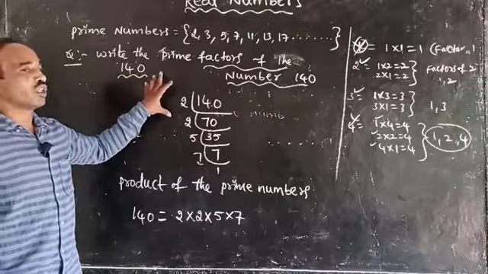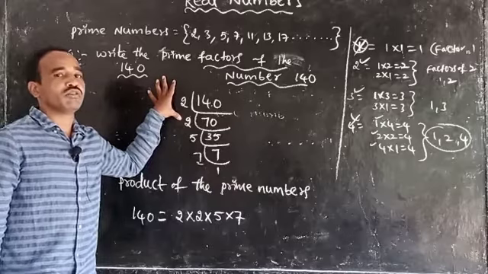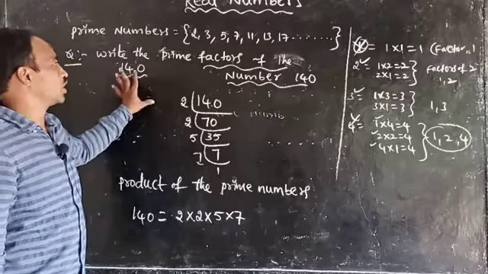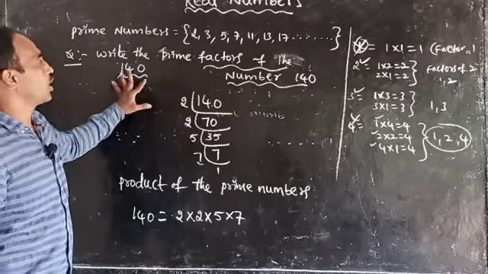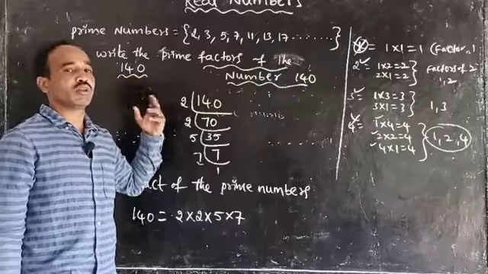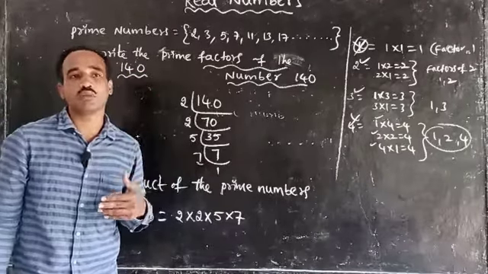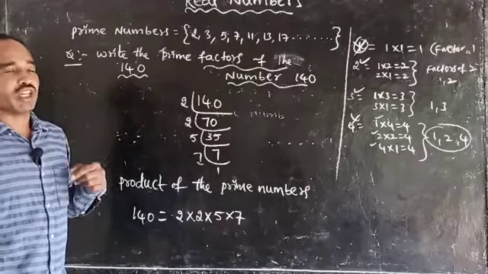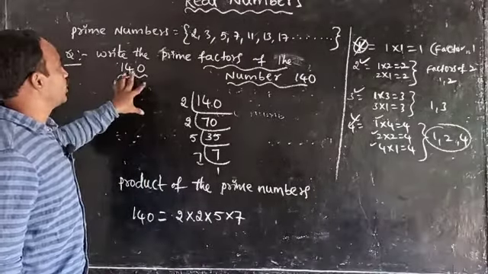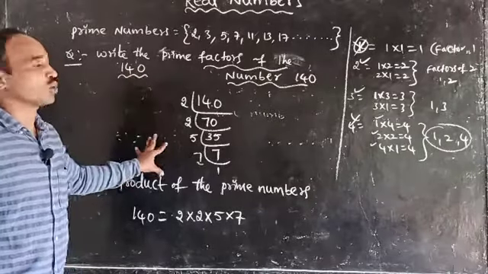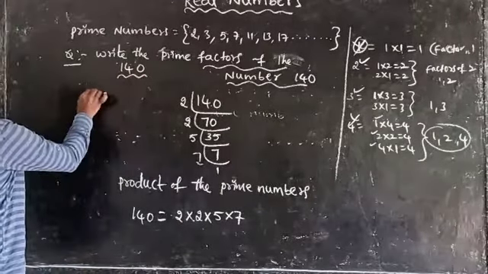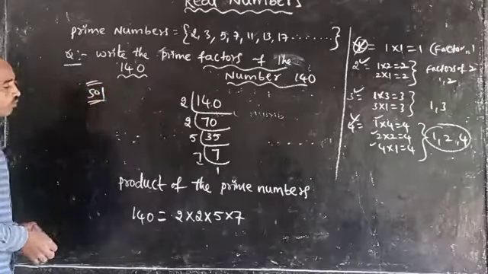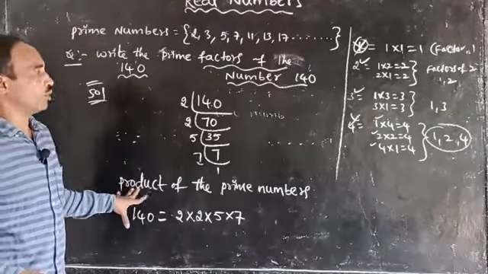That's why this is the product of the prime numbers of 140. In our technical examination, a 1 mark or 2 marks question will come. They will give any one number and ask to find the product of the prime numbers. If they ask like that, we will do it like this. This is the solution, how to find the product of the prime numbers.